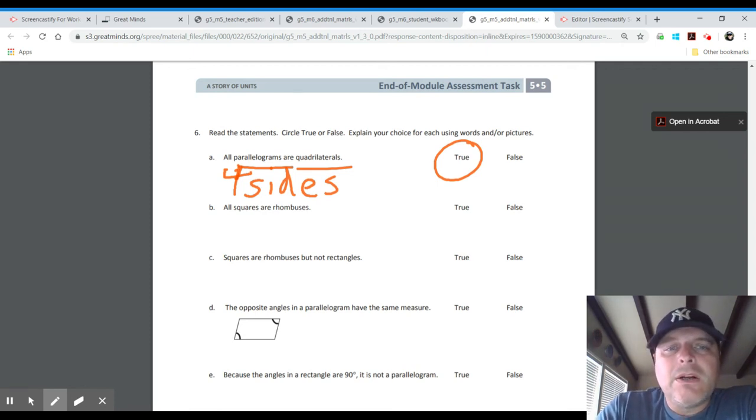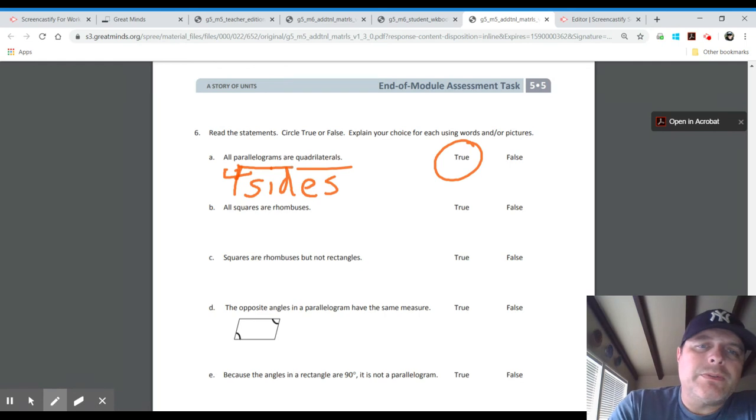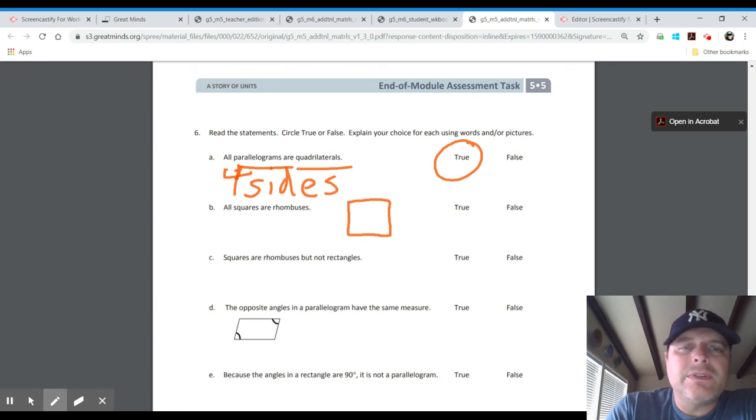True. All squares are rhombuses. Well, actually, yes. So all squares are rhombuses. A rhombus just has to have 4 equal sides. That's all it needs.